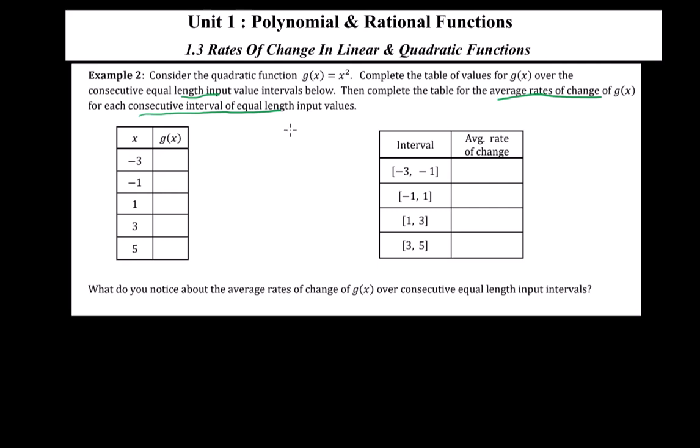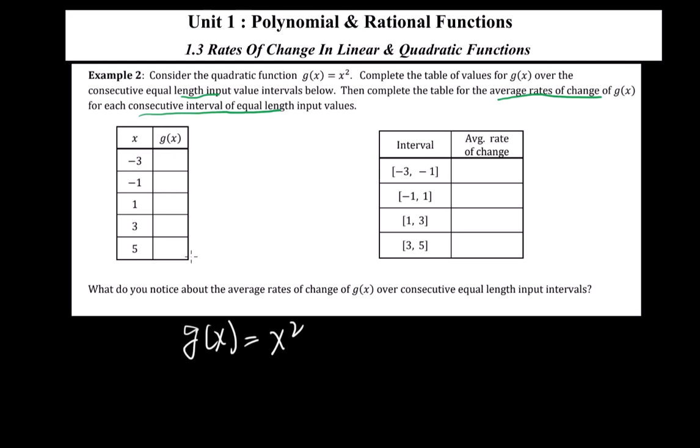So the function given is g of x equals x to the power 2. I will take those x values and insert them directly, and then see what the y value is. G of x is just y. Always, if you see f of x, g of x, k of x, assume it is just y.